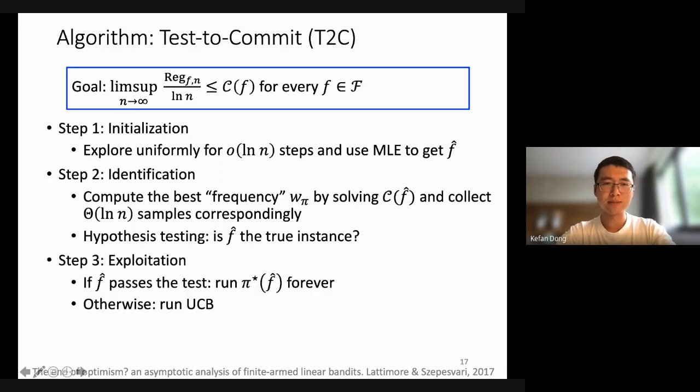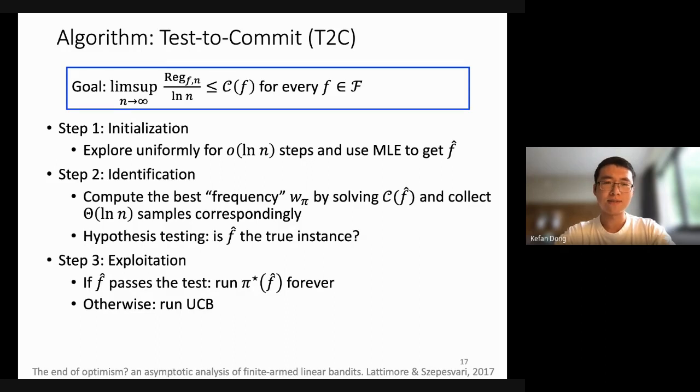Then we move on to step 3, called exploitation. In this step, if our original estimation f hat is accepted by the log likelihood ratio test, then we just commit to the optimal decision of f hat. We run that decision forever.